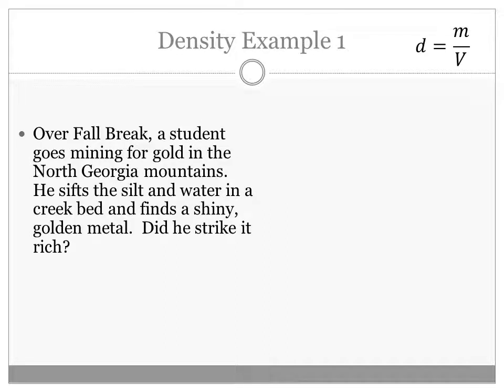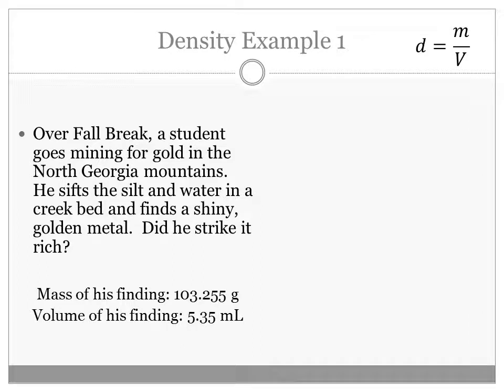So let's do our first example. Over fall break, a student goes mining for gold in the North Georgia mountains. He sifts the silt and water in the creek bed and finds a shiny gold medal. Did he strike rich? Well, he can take a little bit of data here, and the pieces of information he was able to get were the mass of the object that he found, the volume of the object that he found, and he knows the density of gold.